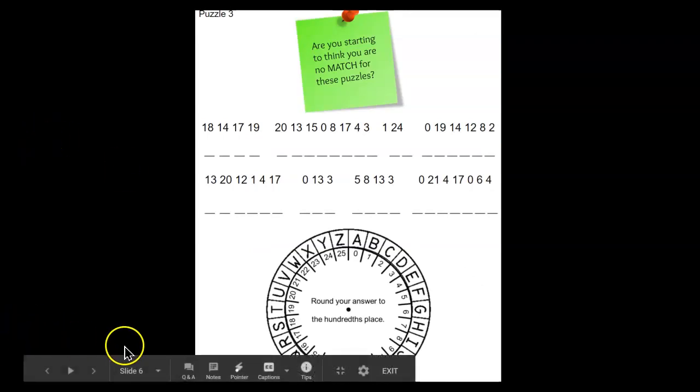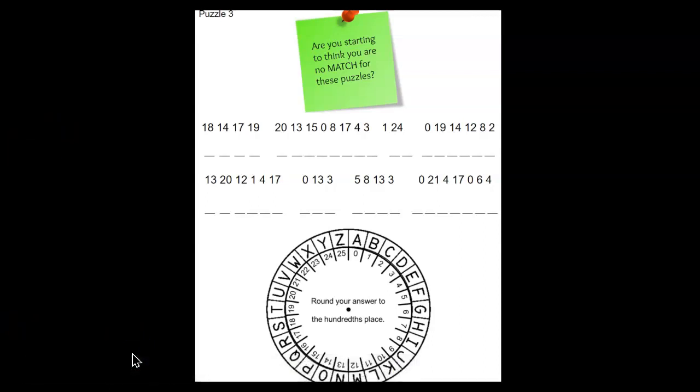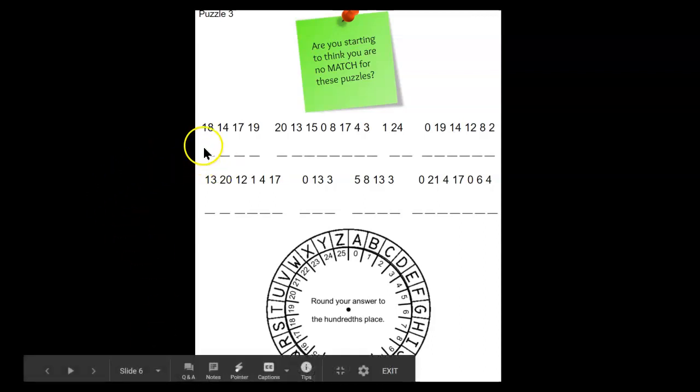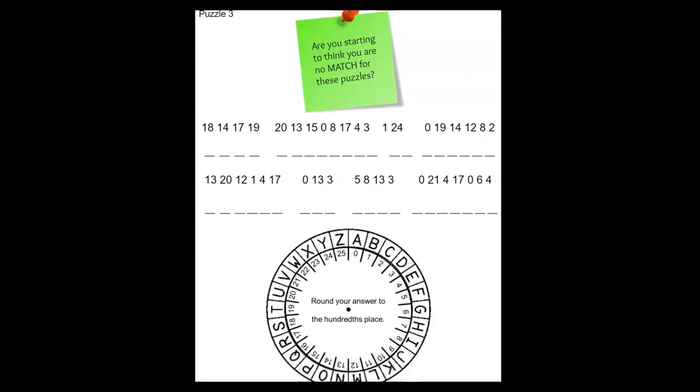All right. So puzzle 3. First of all, you need to solve for this puzzle. So 18. You find 18. 18 is S. Then you find 14. 14 is O. And you're going to fill this out as you figure that part out.